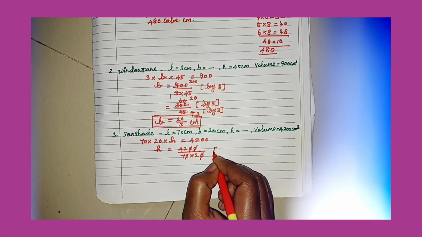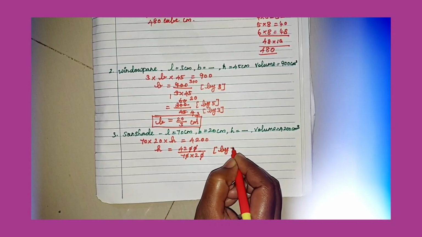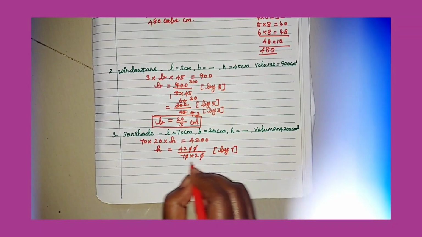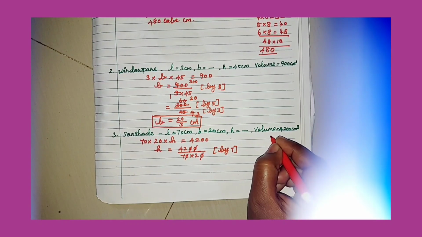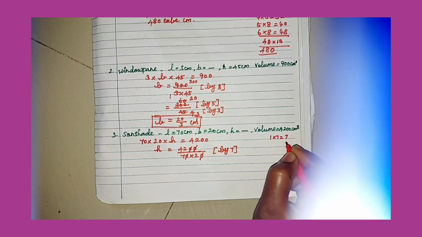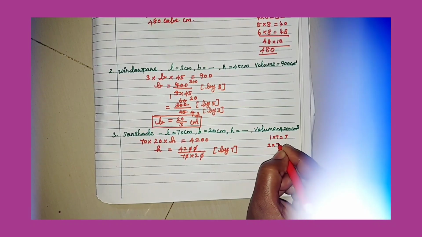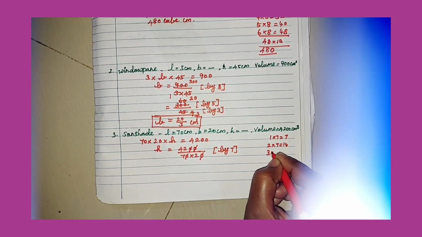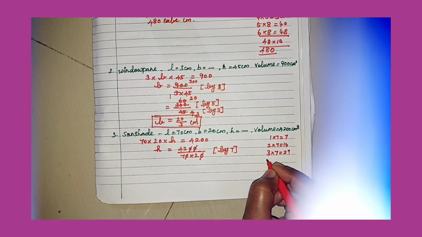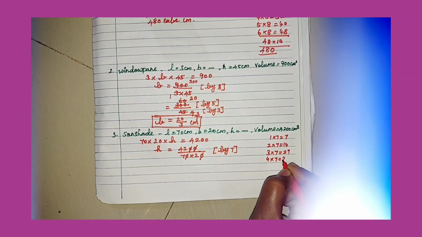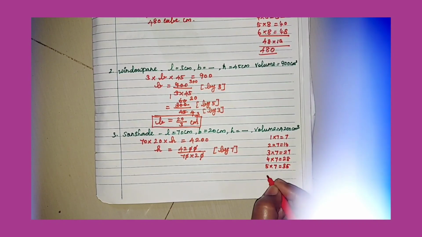Now take first the 7 table. We cancel the value using the 7 table: 1 7 is 7, 2 7s are 14, 3 7s are 21, 4 7s are 28, 5 7s are 35, 6 7s are 42.